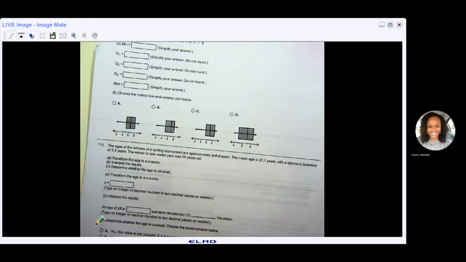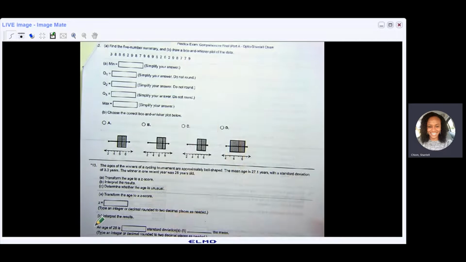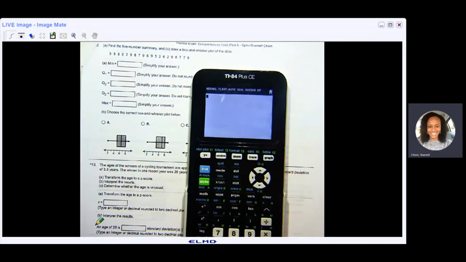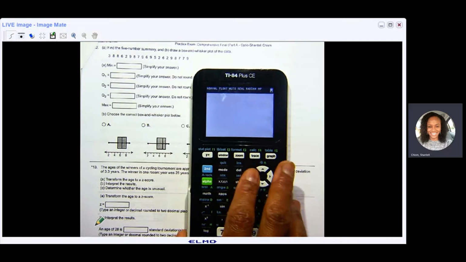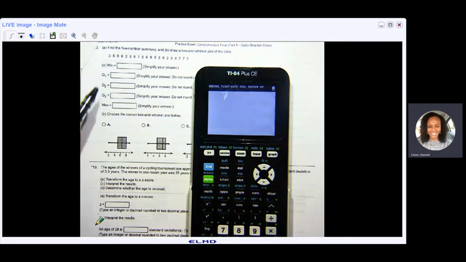Number 12 here is the 5-number summary. Let me just show you this one. Very straightforward. If you remember, just put the numbers into your list, and the calculator will find all of these values for you, the minimum, the maximum, Q1, Q2, and Q3.